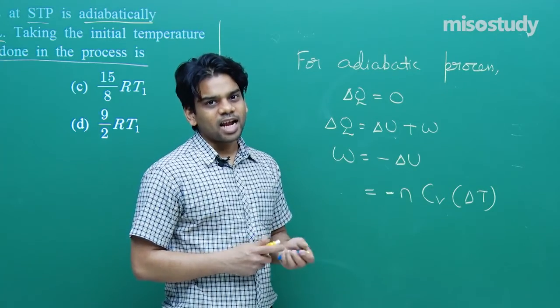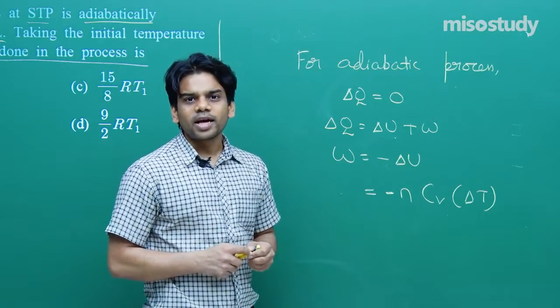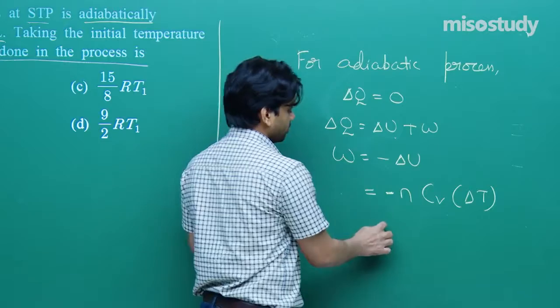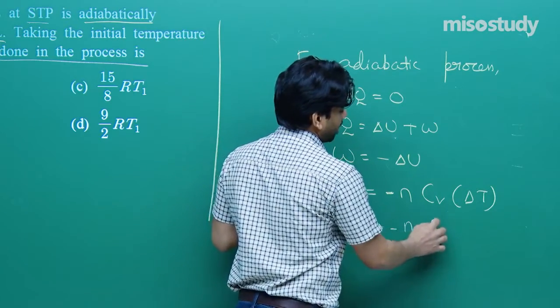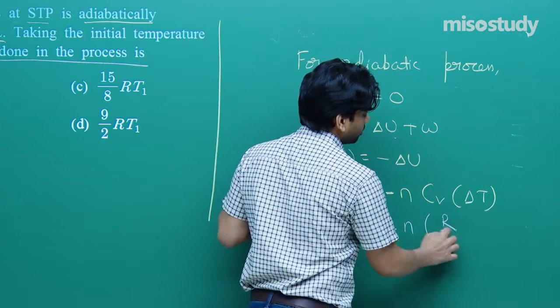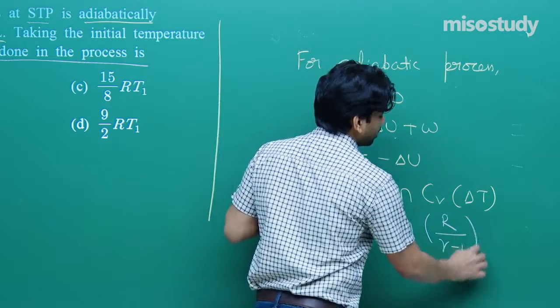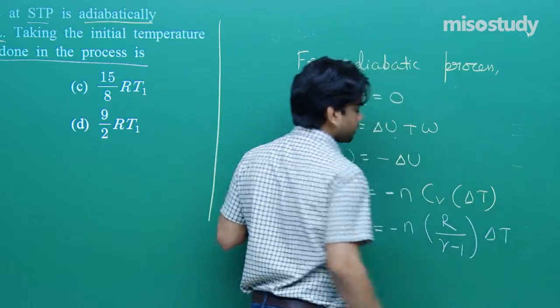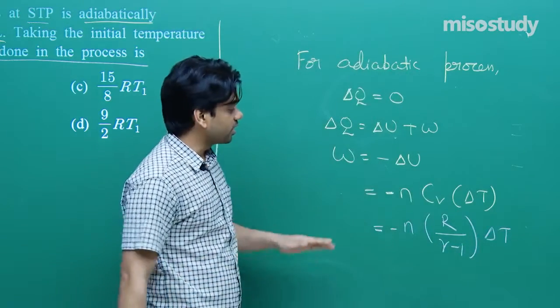Cv can be written as R upon gamma minus 1, in terms of R and gamma, into delta T. This is what we can reach to.